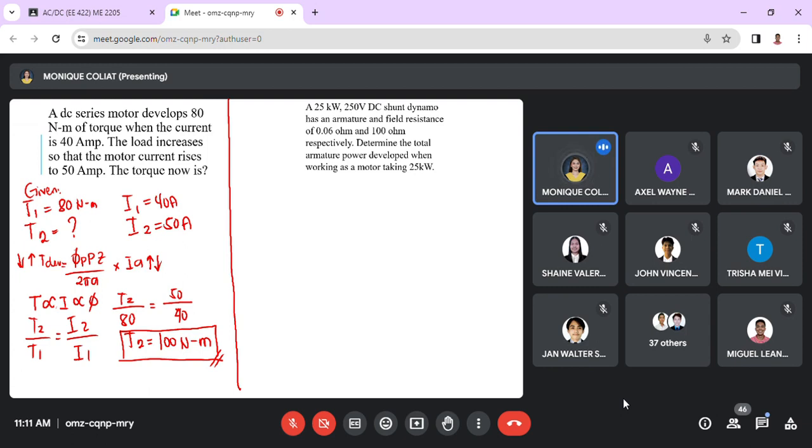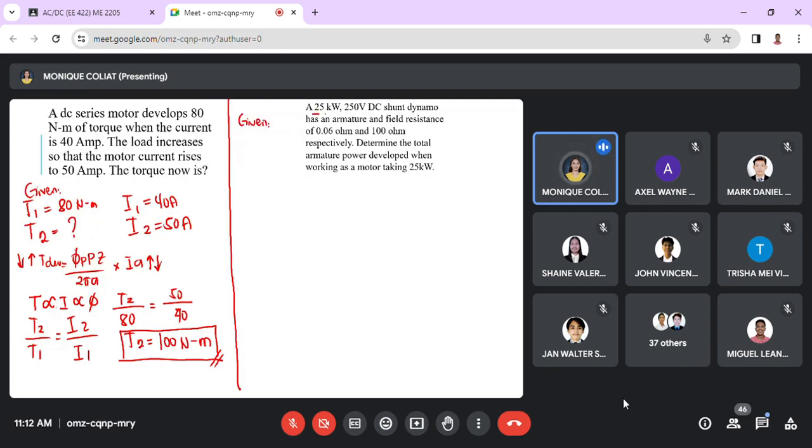Next, we have here a 25 kilowatts, 250 volts DC shunt dynamo that has an armature and field resistance of 0.06 and 100 ohm respectively. Determine the total armature power developed when working as a motor taking 25 kilowatts. So, let's put all the givens first. 25 kilowatts at 250 volts.